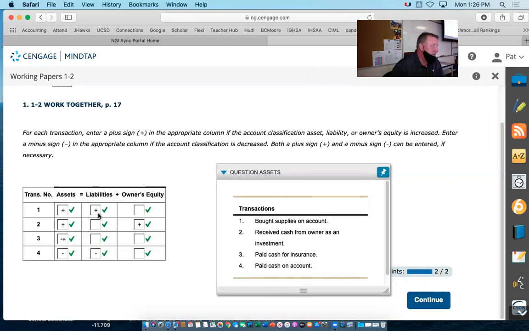Does that make sense? So then for the next problem, you're going to be asked to do pluses and minuses depending on what it is. So this one says receive cash from the owner's investment. That's an easy one. Whenever we receive cash, you automatically are increasing an asset, right? Now, when we say owner's investment, that's the capital, that's the investor.